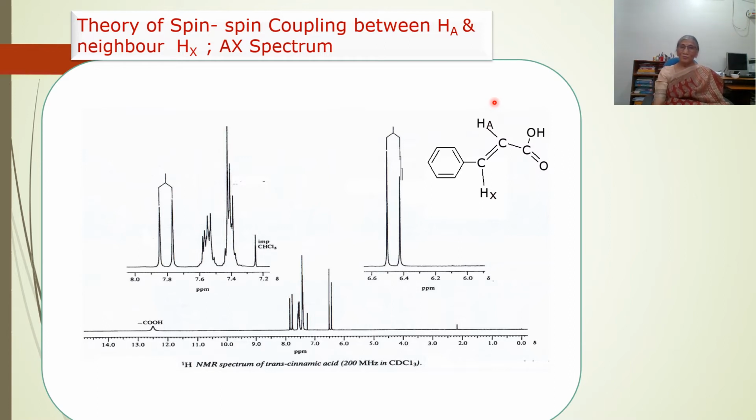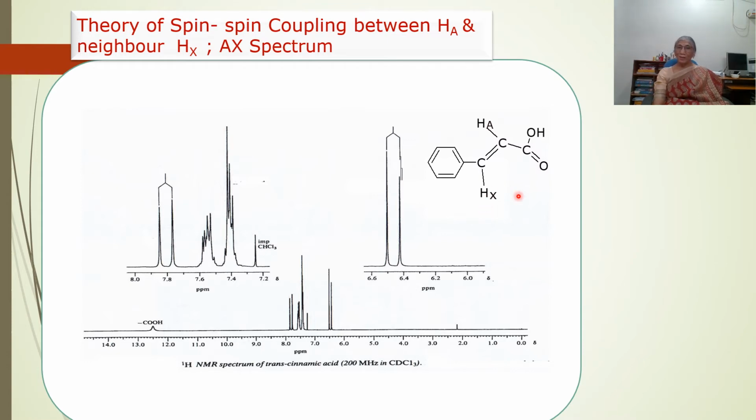The resonance frequency depends upon the total magnetic environment around proton A. The total magnetic environment also includes its neighbor proton X, which itself is a magnet.